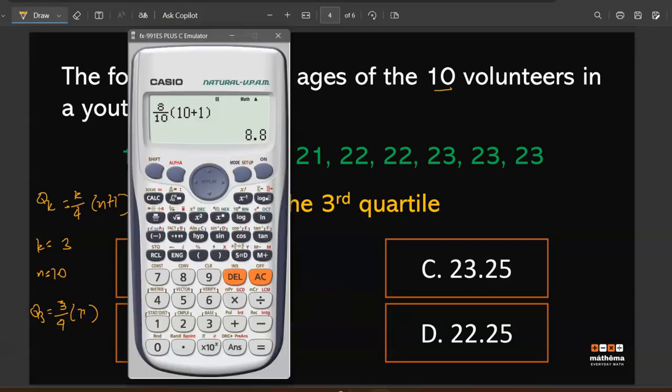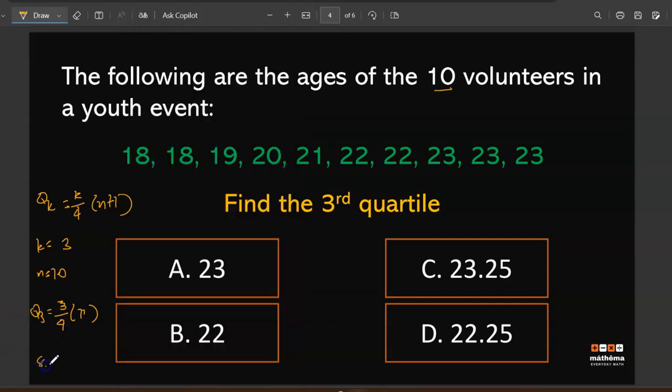If we calculate that, that gives us 8.25, which is approximately equal to 8. The 8th position is just 23, which is letter A.